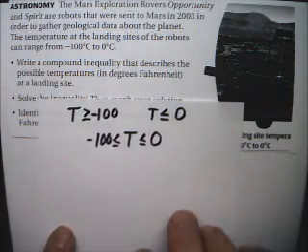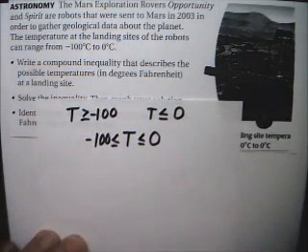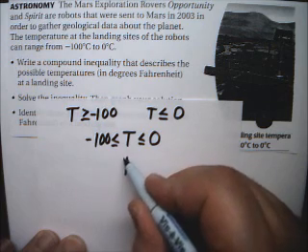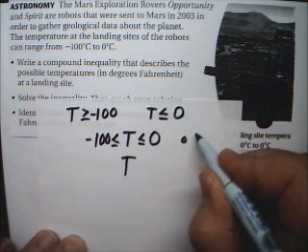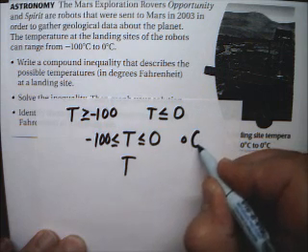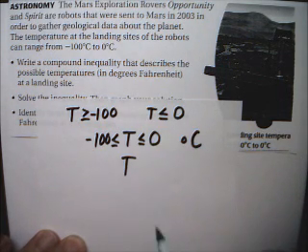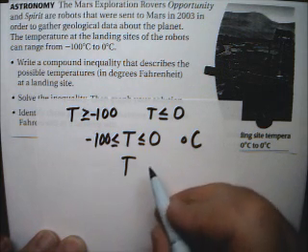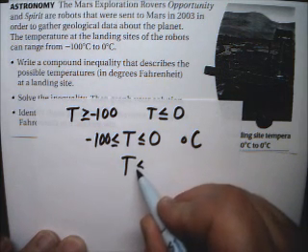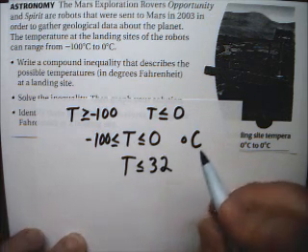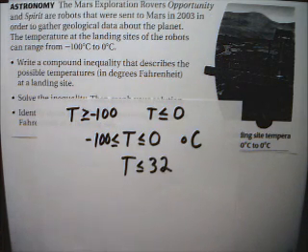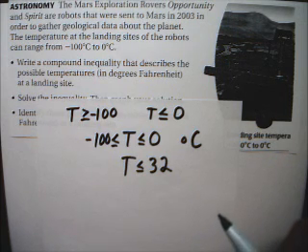So this is in degrees Celsius, and to switch it to degrees Fahrenheit, well, I know what 0 degrees Celsius is in Fahrenheit. That's 32, the freezing point. All we have to do is figure out what negative 100 is in degrees Fahrenheit.